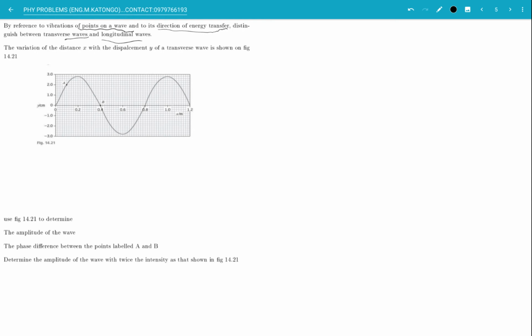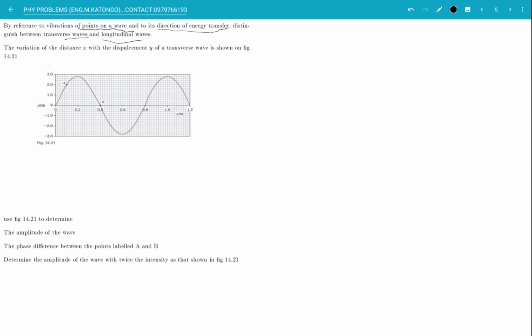Transverse waves are basically defined as vibrations that are in the direction perpendicular to the energy transfer, while longitudinal waves have disturbances or vibrations that are parallel to the direction of the energy transfer.